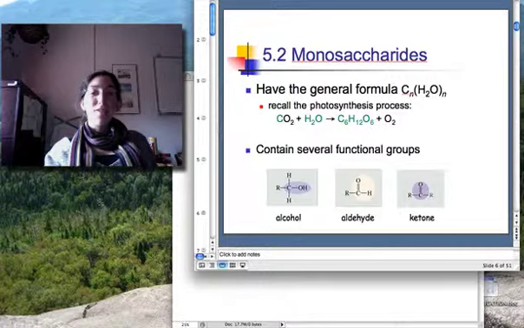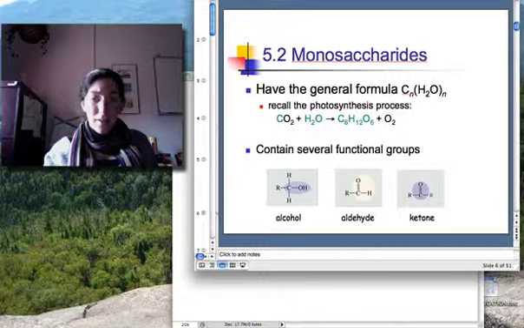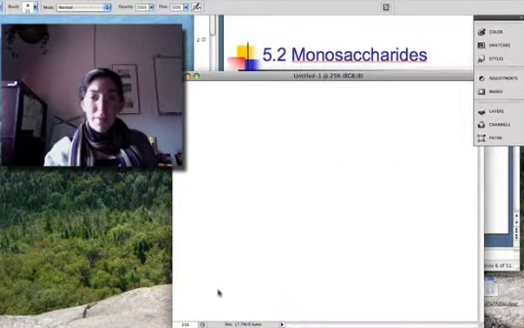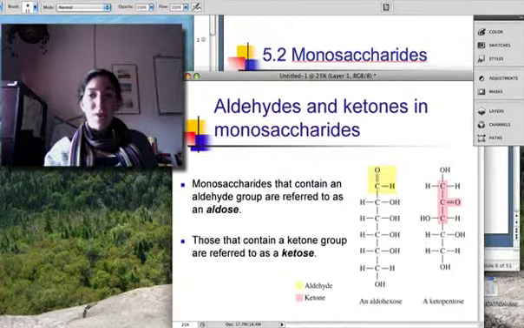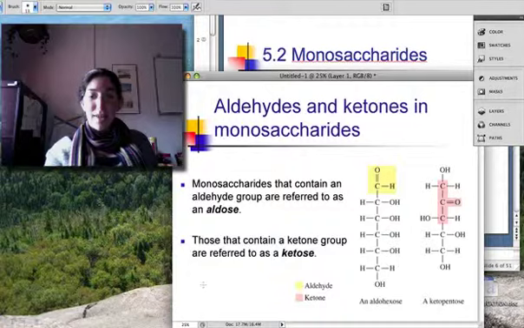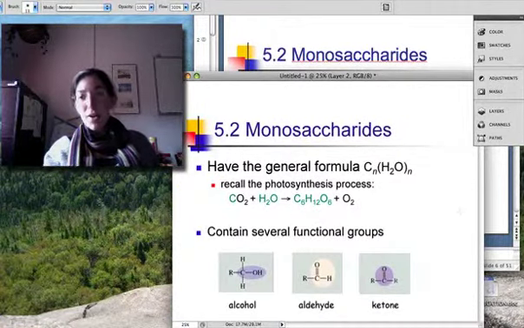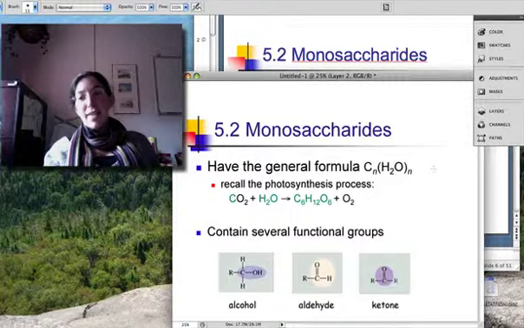Okay, so let's just do a little practice here. Let's say our N is, we have a carbohydrate that has 8 carbons. So what would the formula for that be?